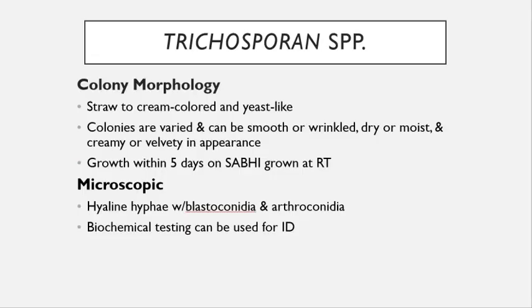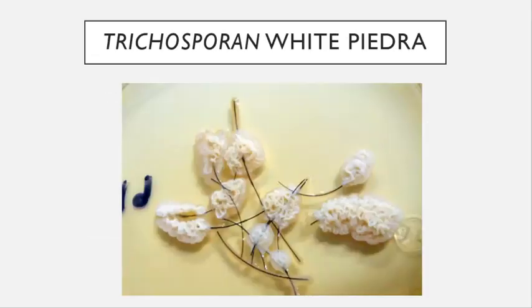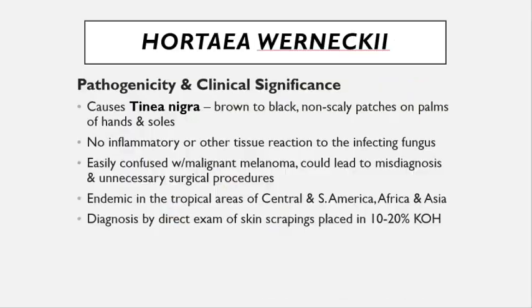For microscopic appearance of Trichosporon, you're going to see hyaline hyphae with blastoconidia and arthroconidia. Biochemical testing can be used for ID. This is an image of white piedra of the Trichosporon species.